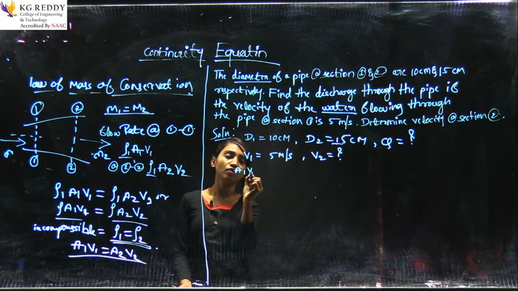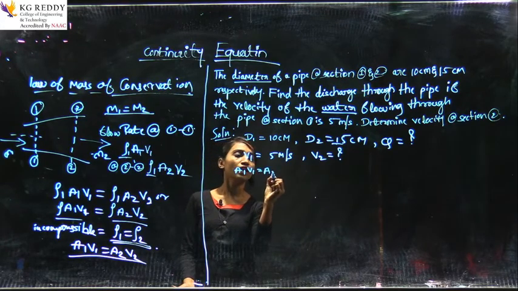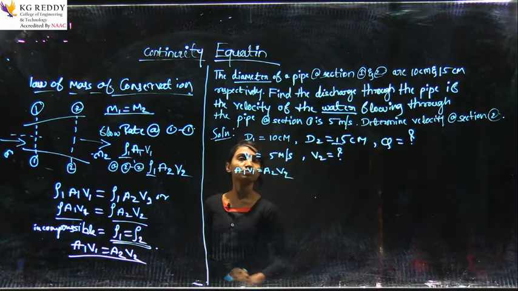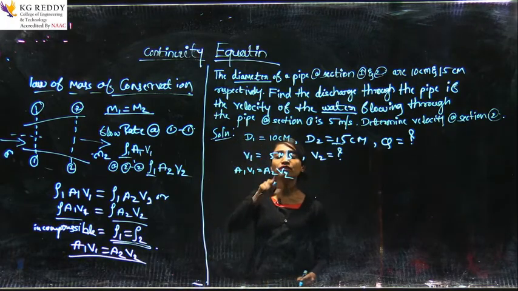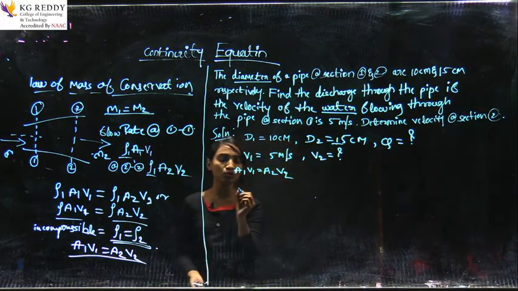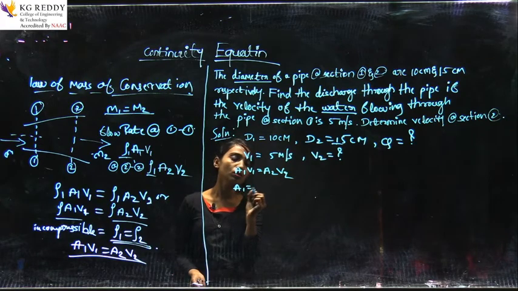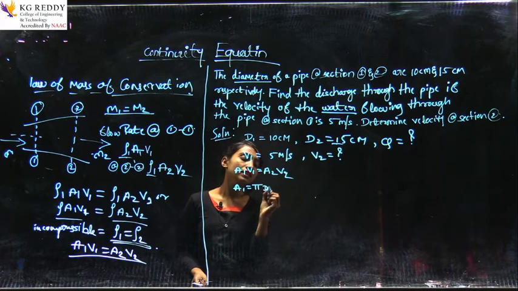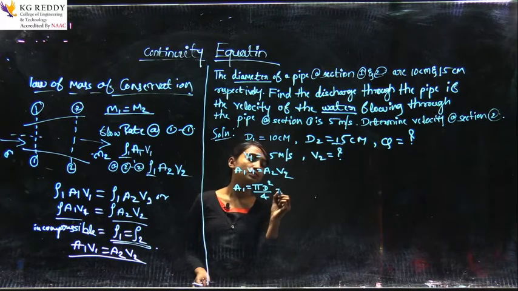The equation is A1 V1 is equal to A2 V2. Here we know V1, but we don't know A1 and A2. A1 is equal to pi d square by 4.